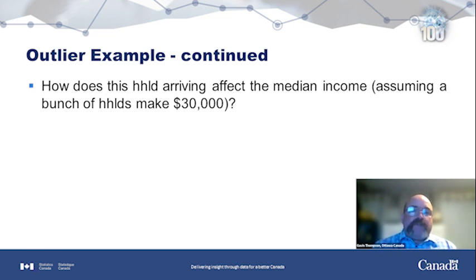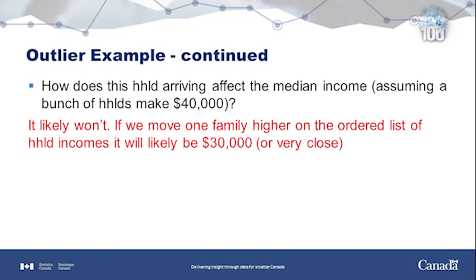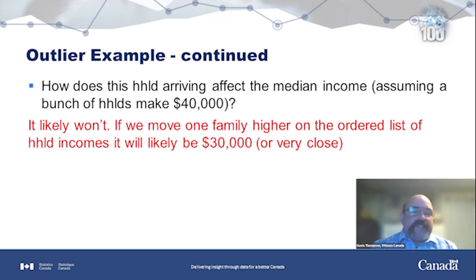So how does this household arriving affect the median income? And let's assume there's a lot of households that make about $30,000. So now we're looking at median income instead of average income. Because I said there's a lot of families making about 30,000, it likely wouldn't affect the median income, because what happens is we took out a family who was making the median income, and then we added one on the higher side.